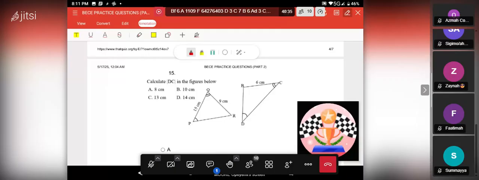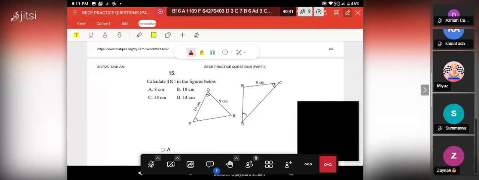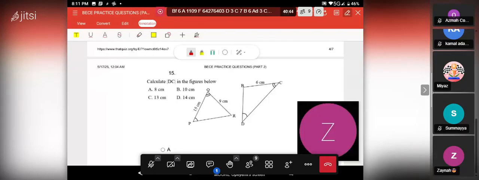Yes, sir. And angle P corresponds to angle D. If that is so, then angle R will also be equal to angle B. So we want to use that ratio method now to get the missing side they want us to calculate. We said we should calculate line DC. Line DC is this place.